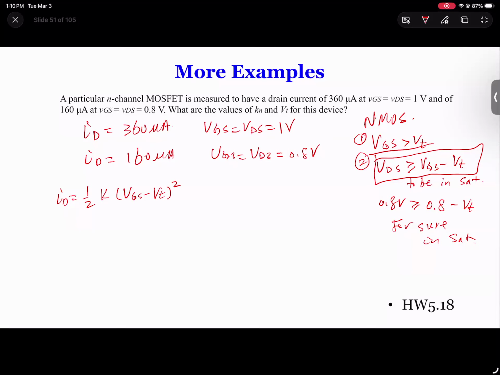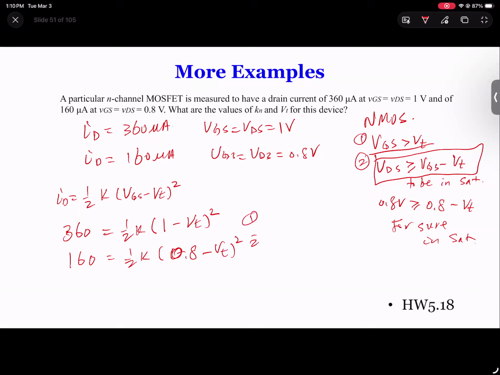We're given two conditions. The first one is 360, the other one is 160. We just plug in these numbers. We get 360 equal to 1/2 K times (1 minus VT) squared. The second one says 160 equal to 1/2 K times (0.8 minus VT) squared.